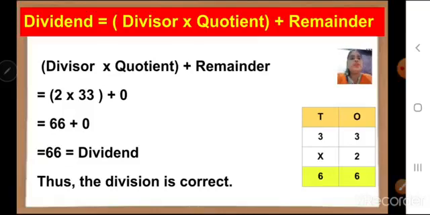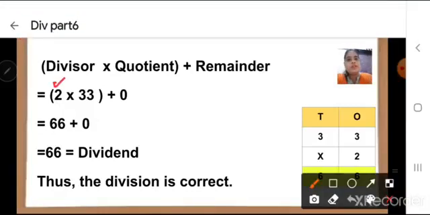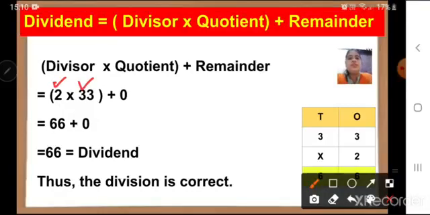Then we are going to substitute. In place of divisor, what will come? Number 2. Quotient is equal to 33. So 2 into 33 plus 0. 0 is our remainder. Now 2 into 33 is equal to 66. 66 plus 0.